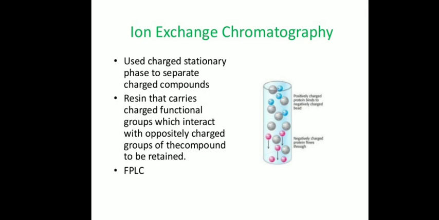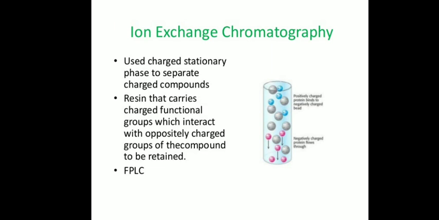Now, in ion exchange chromatography, generally a charged stationary phase is used for the separation of the compound, which is also charged. It means that oppositely charged stationary and mobile phases are used. For example, the resin carries a charged functional group which interacts with the oppositely charged group of the compound to be retained.